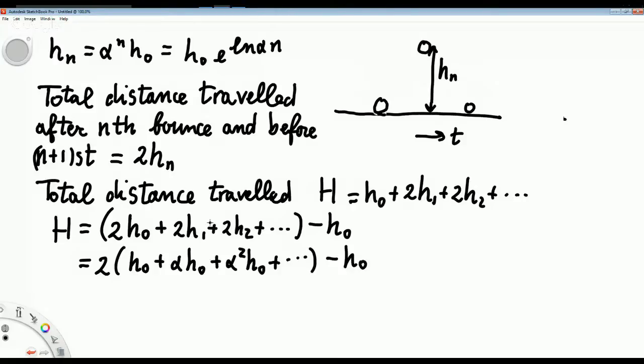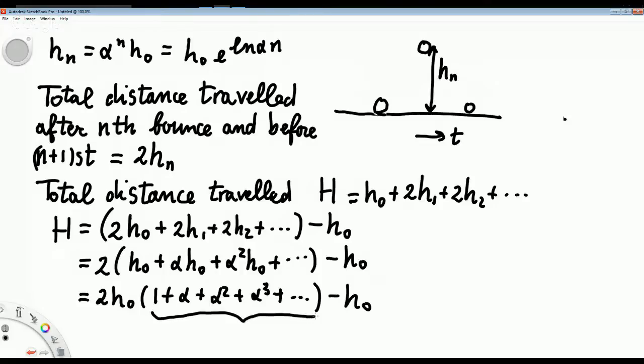So as you can see, I can pull out the h0 as well from the first bracket and end up with something like this: 2h0 into 1 plus alpha squared plus, there will be an alpha cubed and so on, minus h0. Okay, so we've reduced this problem to calculating this infinite sum. So let's do it separately.